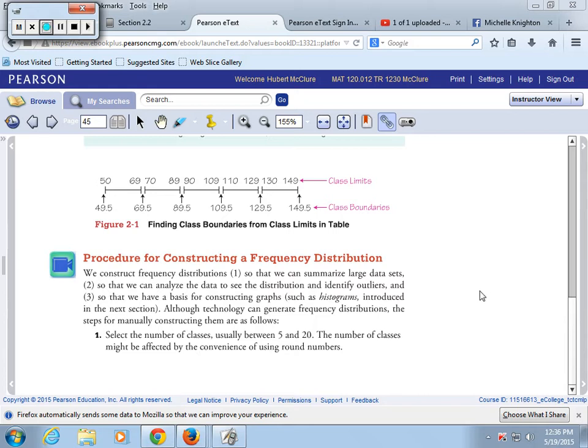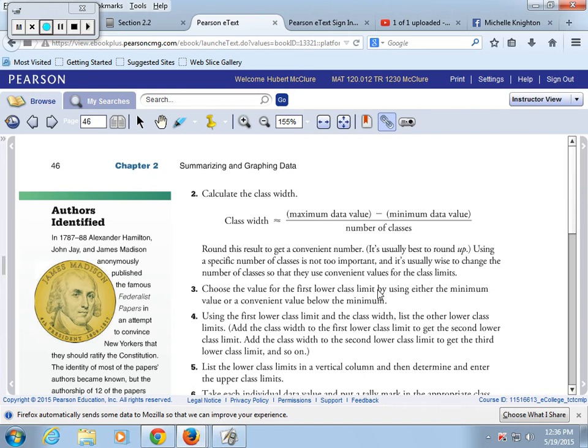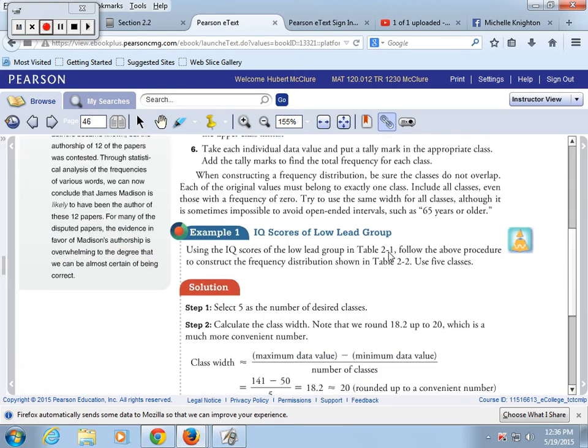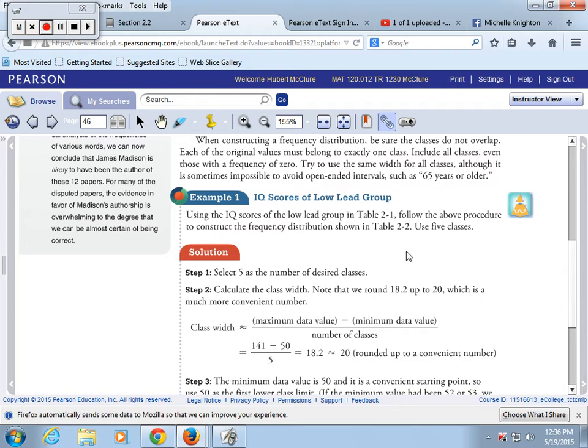Okay, there is a procedure for constructing a frequency distribution. I usually do not make you create a frequency distribution, but I would suggest that you read over that. It's on the next page, page 46, six steps.